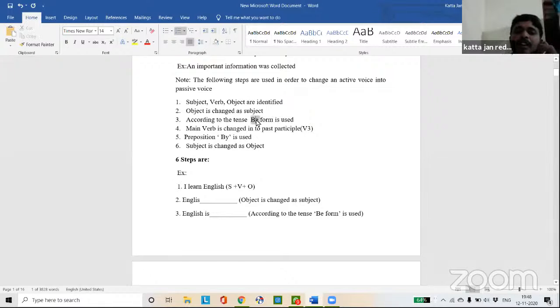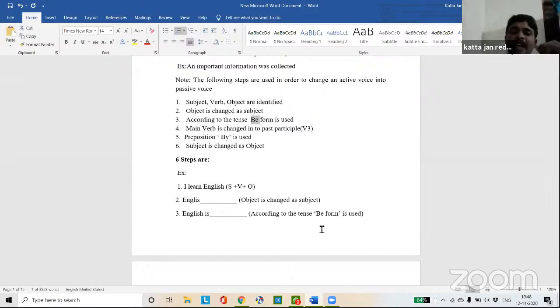Third one, according to the tense, be form is used. Be forms are helping verbs. They are be, am, is, are, and was, were. And other be forms are also there.